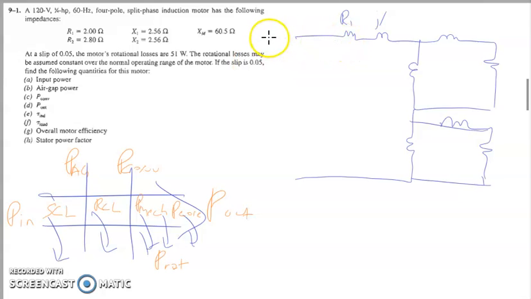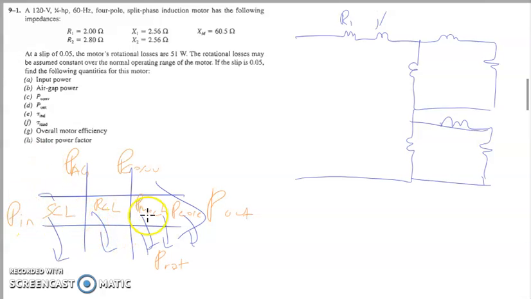Sketch the equivalent schematic of the single phase AC motor, and preferably also draw the power flow diagram from P in to P out, showing where the losses are emitted.